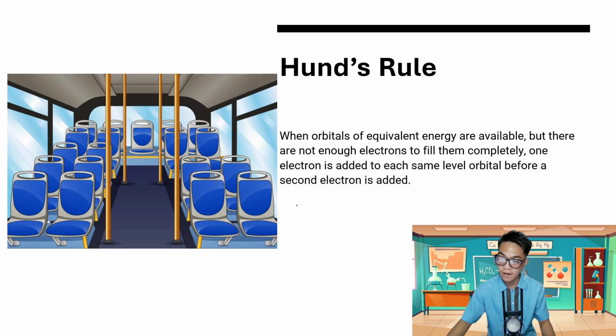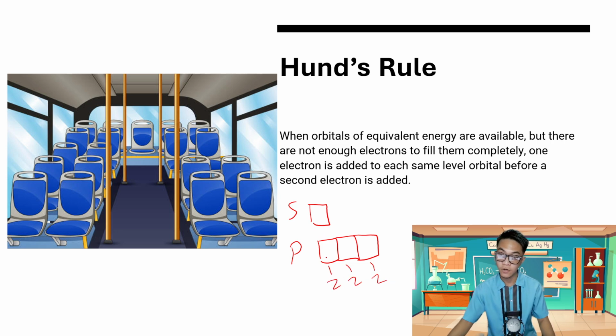Just for example, because the S block only has one orbital, one square only, but the P block can have 3 orbitals, as I have discussed in my previous video, and each orbital can only have a maximum of 2 electrons of opposite spins.